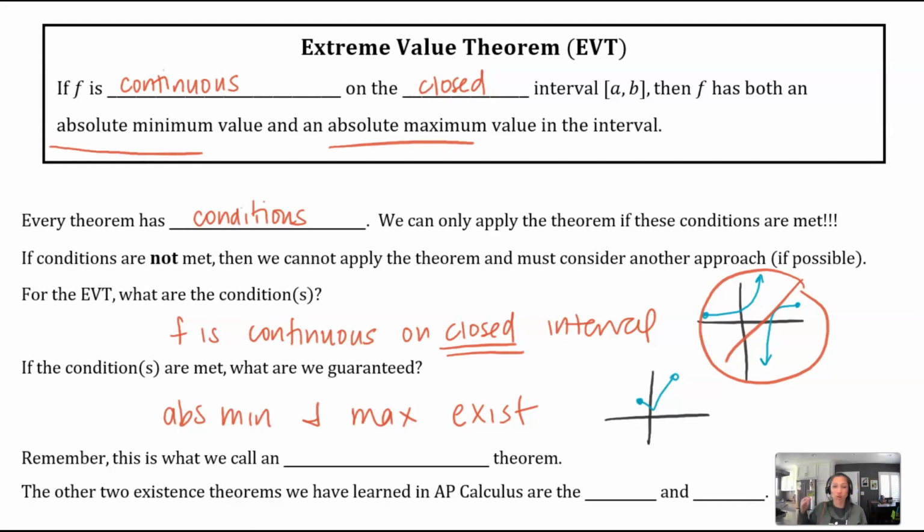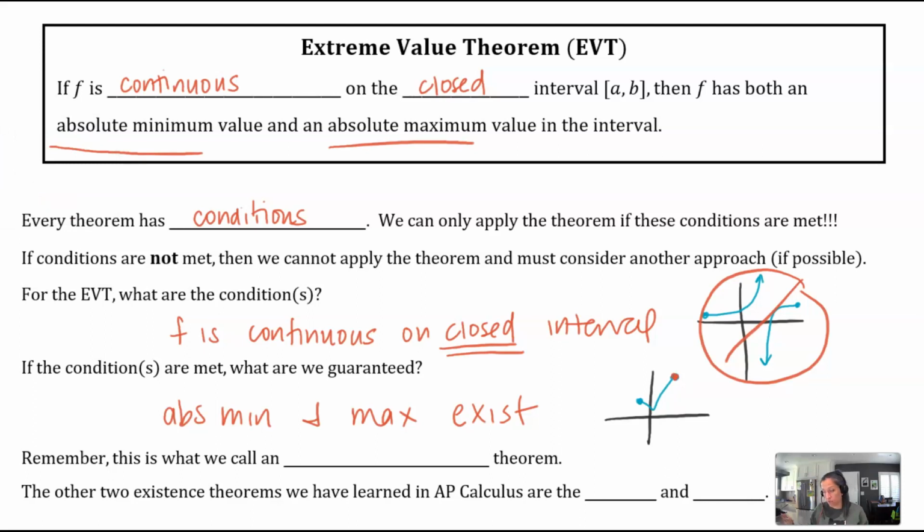Our max value, we never really get to it. Because if you tell me that this max value is, say, 5, it's not really 5, it's 4.99999 if we don't actually reach the maximum value. So this is why we need those endpoints to be closed in order for this to actually work.